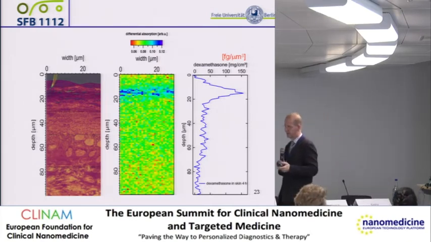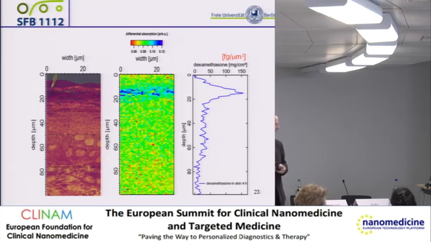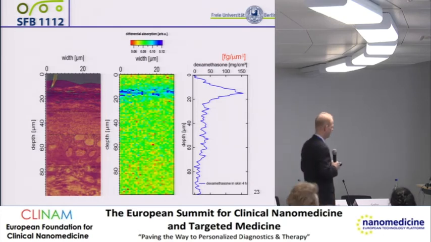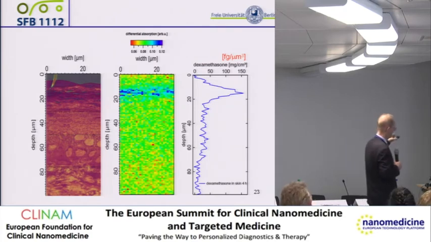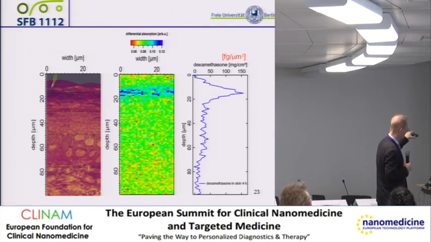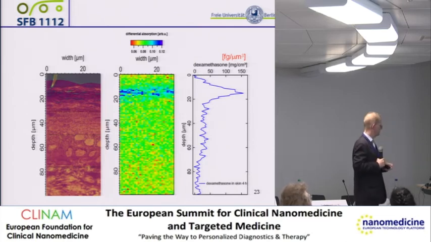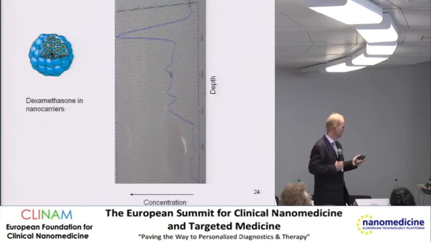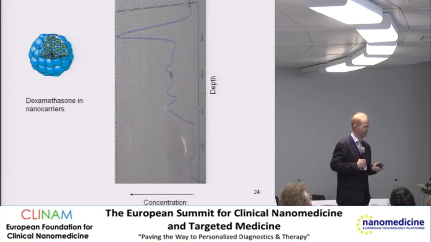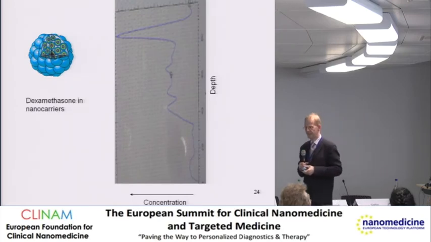So we can probe with high spatial resolution and chemical selectivity in an absolute way, either normalized to the square of the skin or to the volume, the quantity of drug, and we can also look at the impact of nanocarriers.